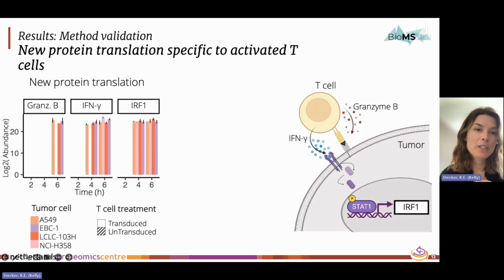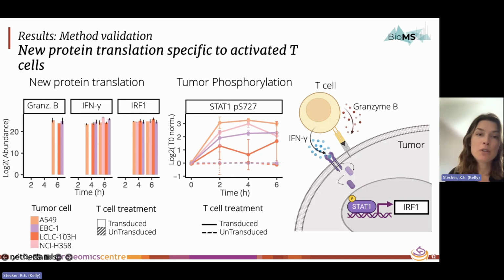So here we see that both granzyme B, interferon gamma, and IRF1 are produced upon co-culture specifically, and importantly, not produced when we do the co-culture with our untransduced T cells. So this is our control in which we are not activating the cytotoxic pathway, so we can see that these proteins are not made.